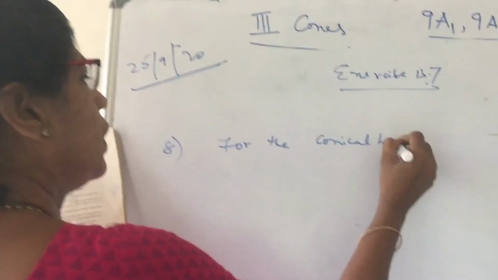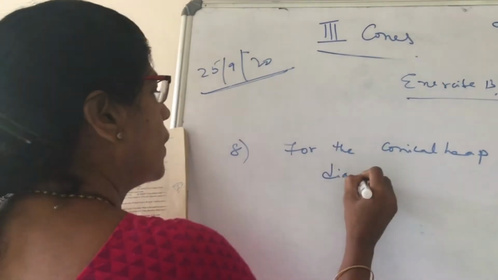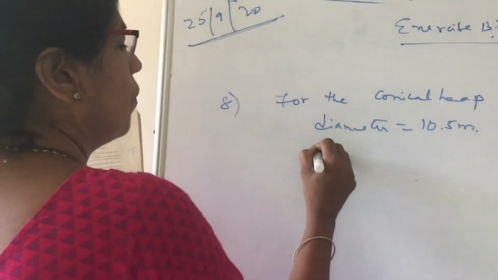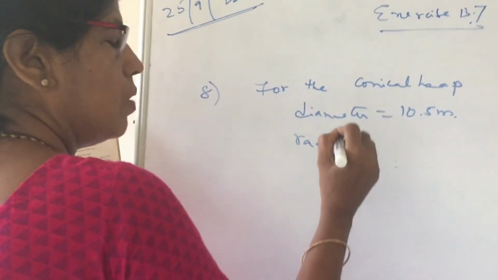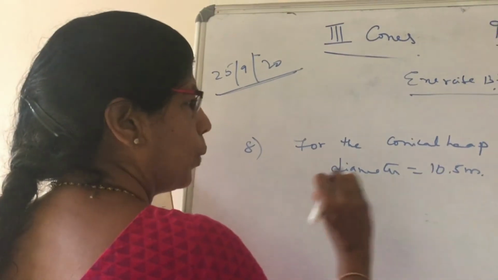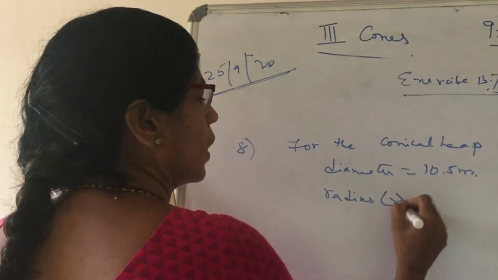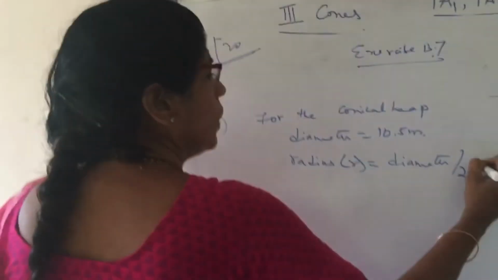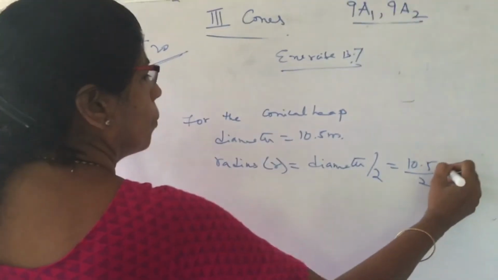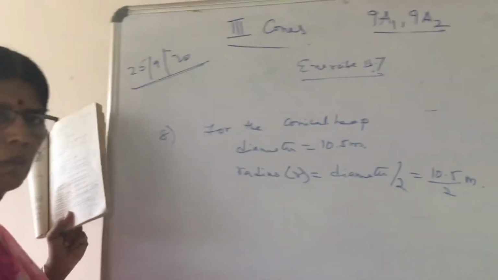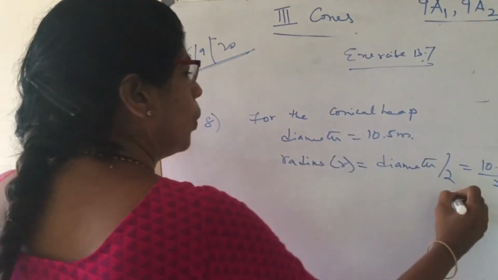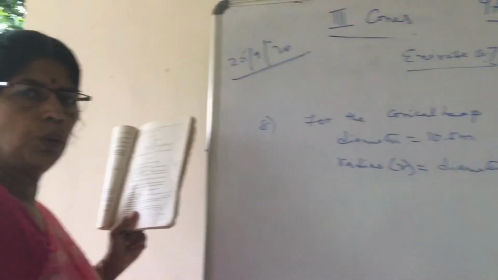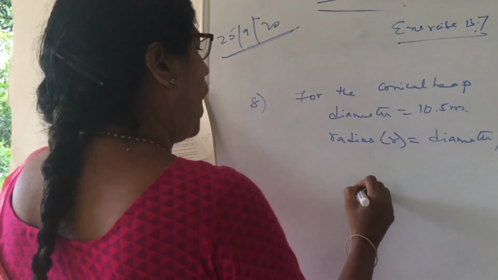For the conical heap, what are you given, children? Diameter. I have been telling you from the beginning, children, whenever you do the questions in spheres, cylinders and cones, no way diameter, it is only radius that gives you what is required. Radius R is equal to diameter by 2, 10.5 by 2 meters. Yes, if you want for your safety, you put it as the decimal value, 5.25 meters, and the height.